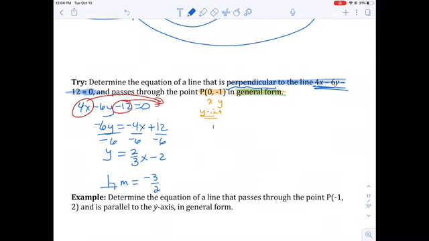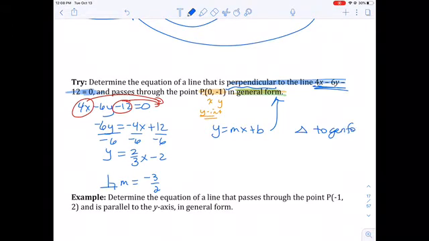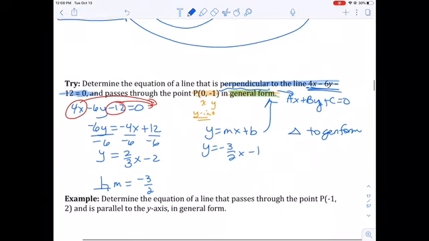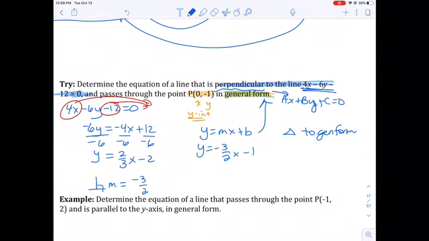Okay, I'm going to start with y equals mx plus b form, and then I'm going to have to change to general form, which is ax plus by plus c equals 0. So if I start with y is negative 3 over 2 x minus 1, I now want to get rid of that fraction. This is my y equals mx plus b form.